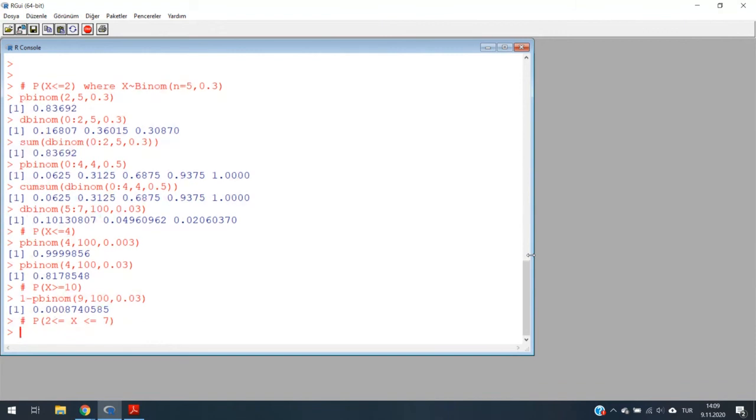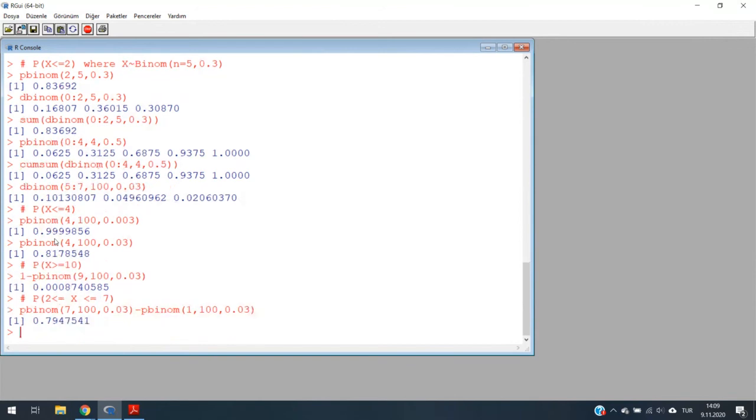Now, how are we going to calculate that? We are going to calculate the cumulative probability at 7 first, and from that we will subtract the cumulative probability at 1 because 2 is included in the probability statement. And this is just helping us to calculate the probability of x being between 2 and 7 values.